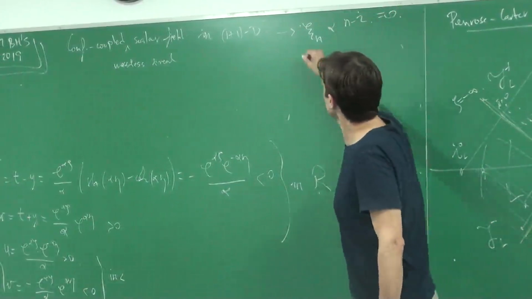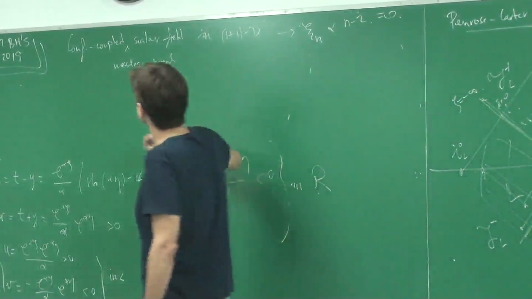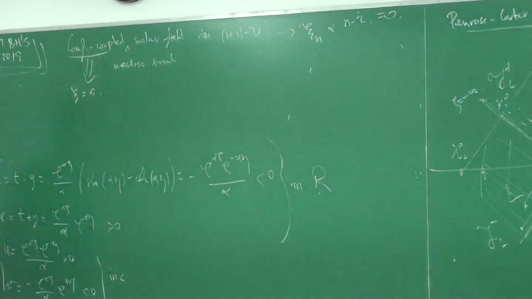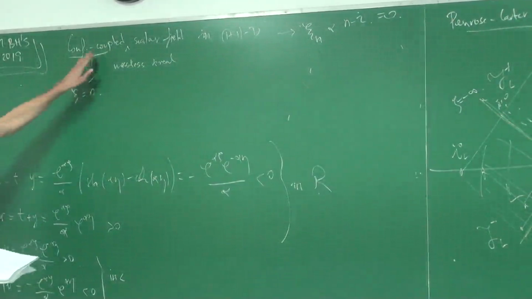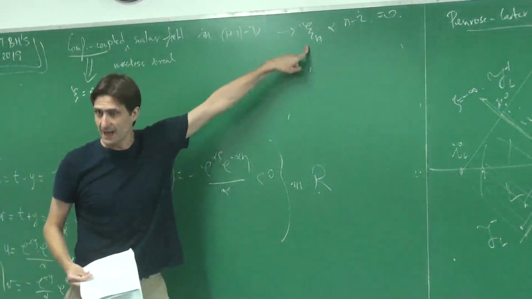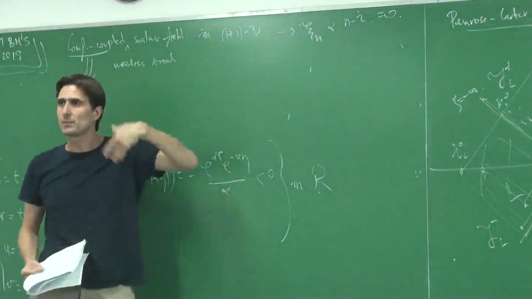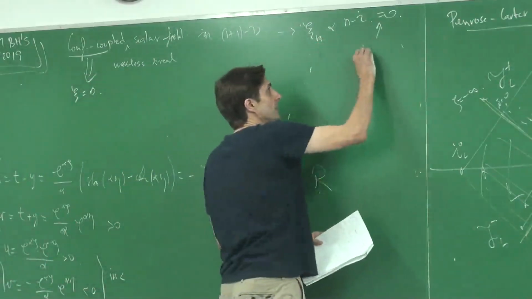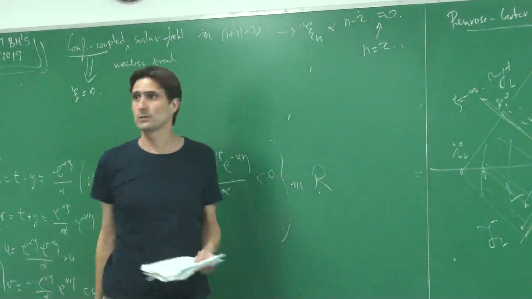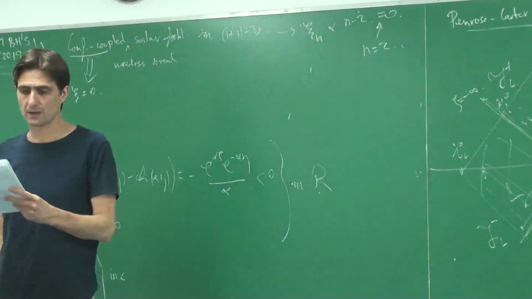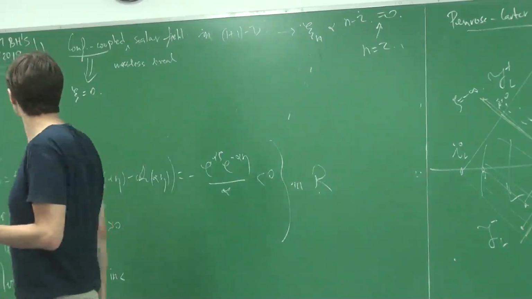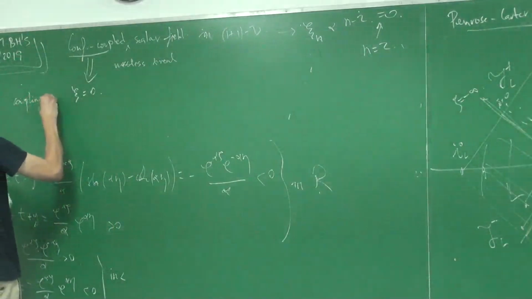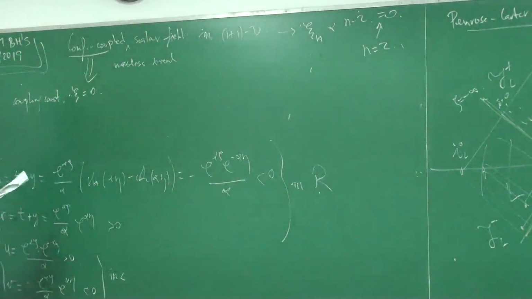Conformally coupled means that we're taking xi to be equal to xi_n, the conformally coupled value. For n equals 2 dimensions, that value is equal to 0. So we're taking the conformal coupling constant equals 0.